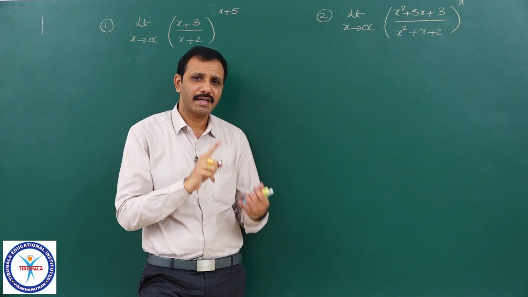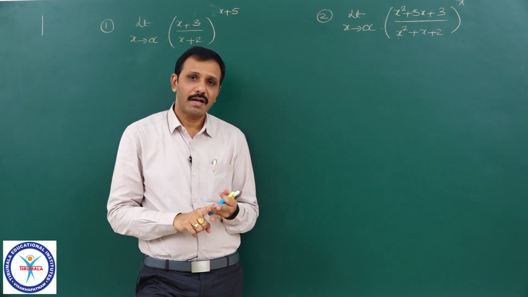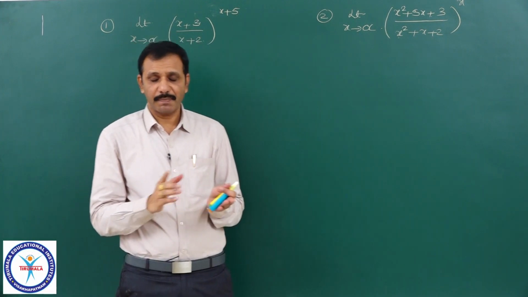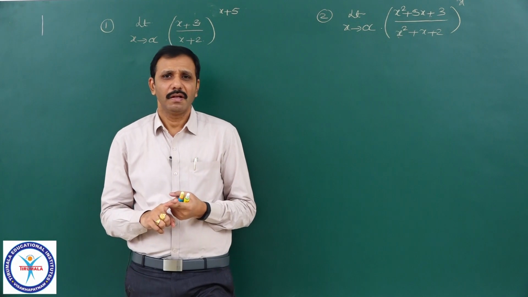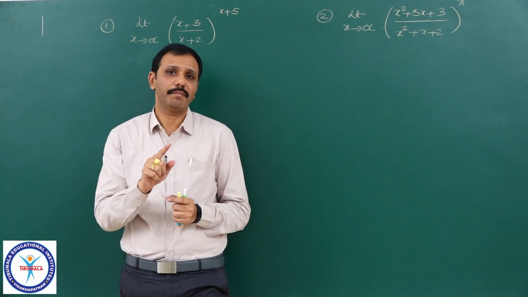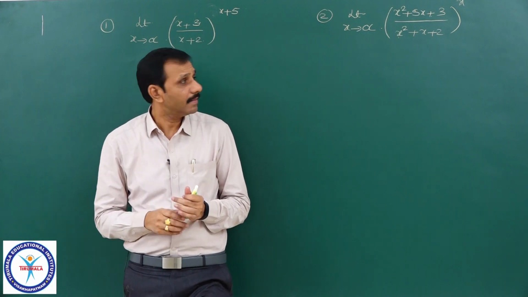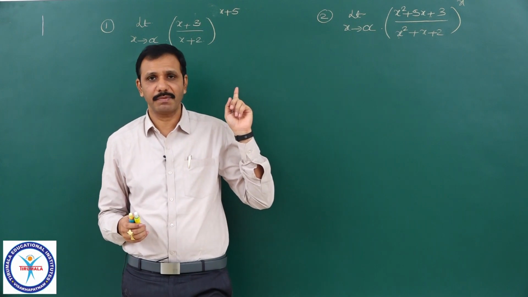Means somehow by rationalization or by factorization or separating into different functions, we have handled all those. Definitely, they are concentrating on that model mostly. And this is the other model, maximum they are asking on this concept also in exams.